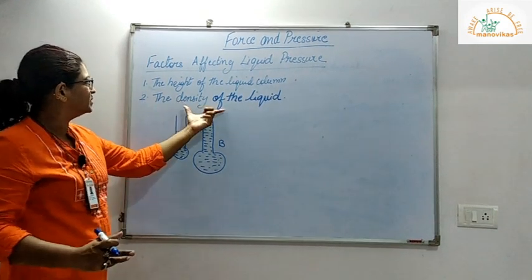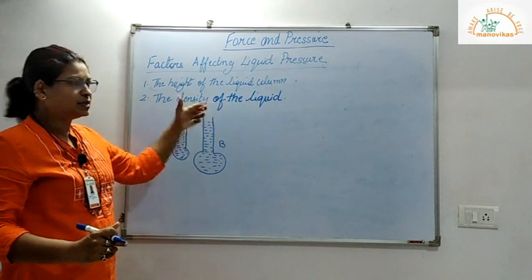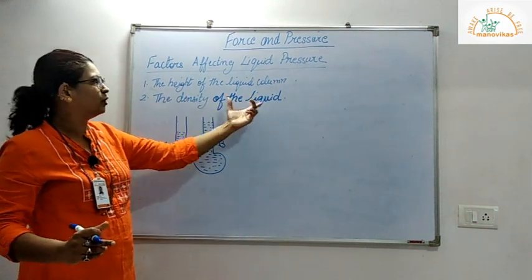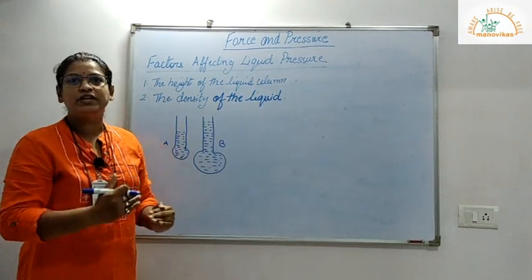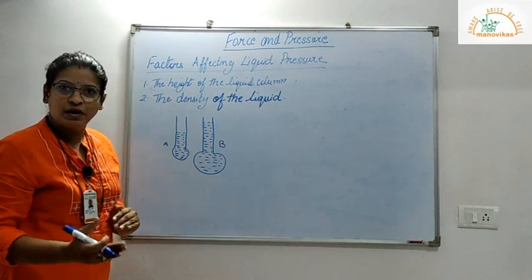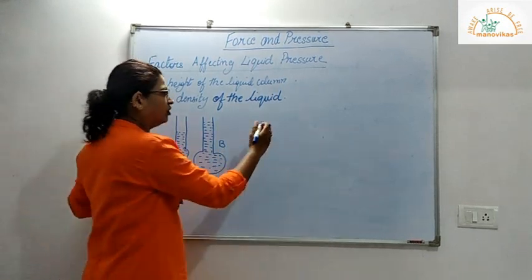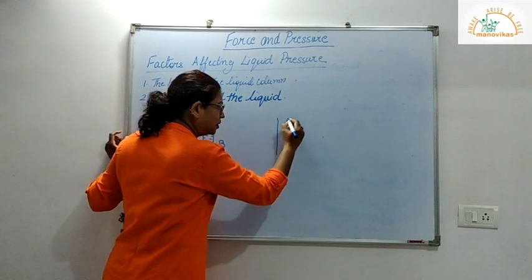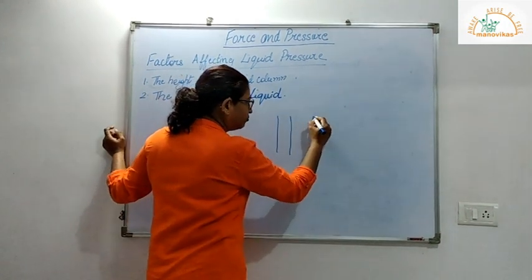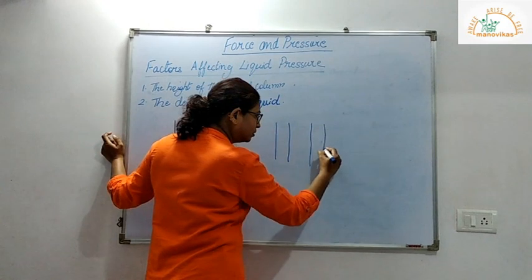Now to understand the second example, that is the density of the liquid. The liquid pressure increases with the density of the liquid. Again we take two glass tubes with both the ends open.